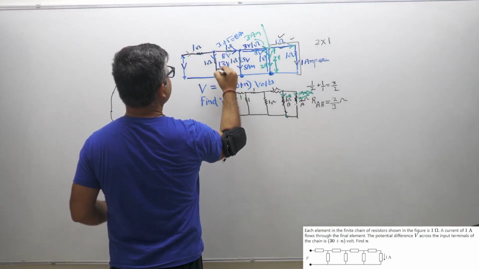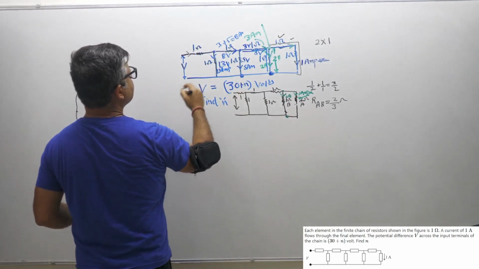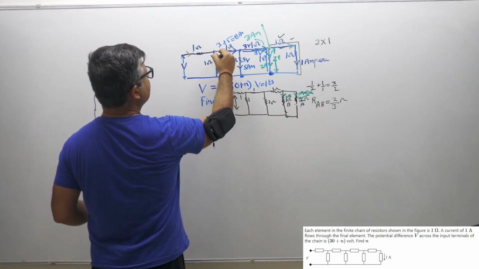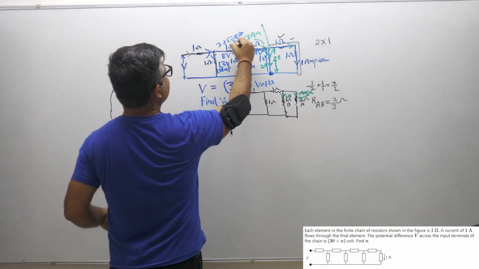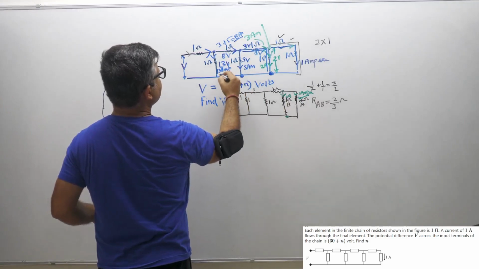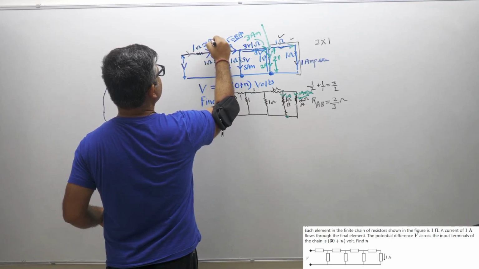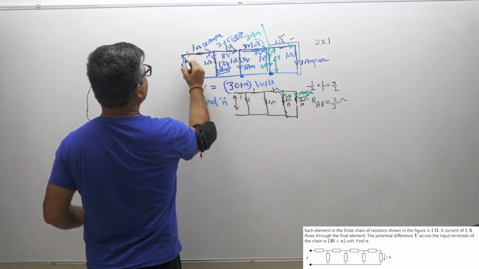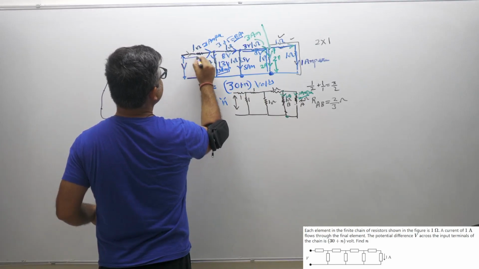So the current here is 13 amperes. What is the current entering here? This is 8 ampere and this is 13 ampere. So the total current entering here is 21 amperes. So what is the potential drop across this point?